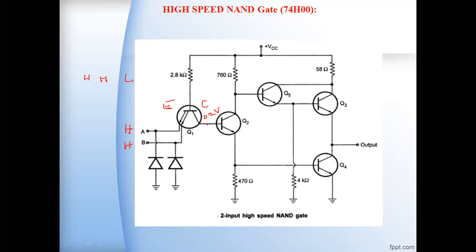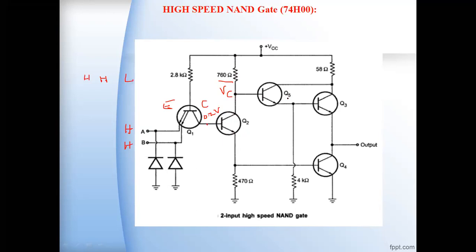But if you see, the transistor Q2 collector terminal is connected to VCC through the 760 ohm resistor. Because of this resistor, there will be a voltage drop across the collector terminal VC, and this voltage is sufficient to drive the transistor Q5.